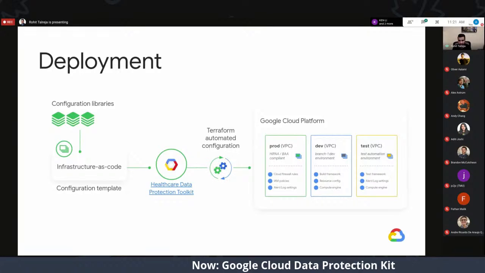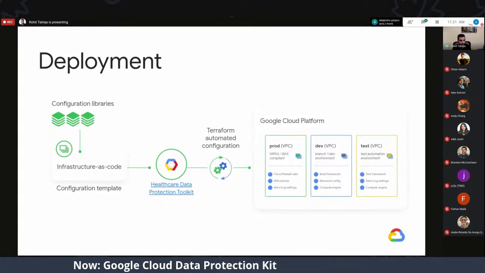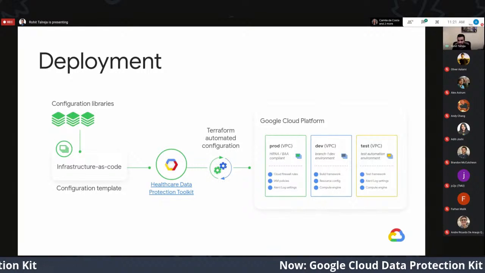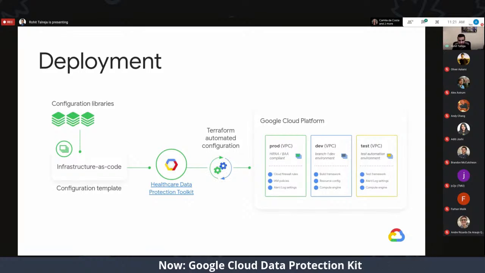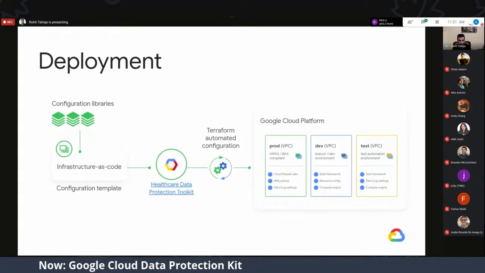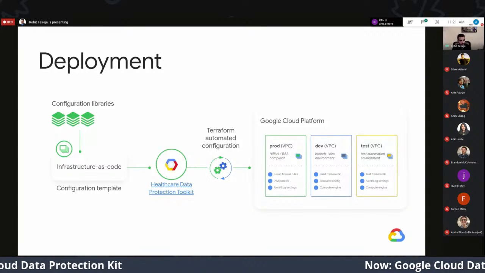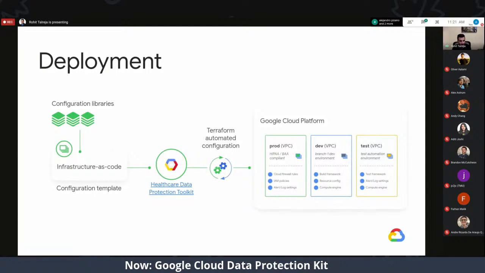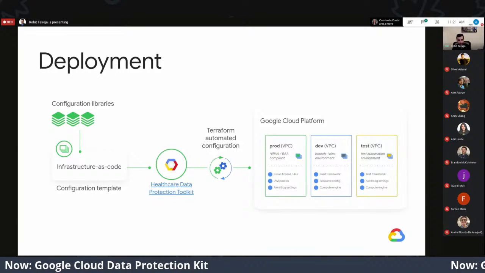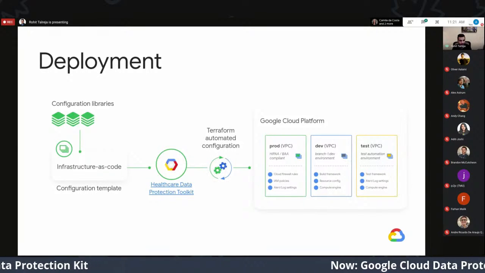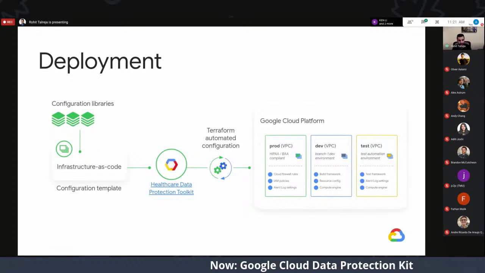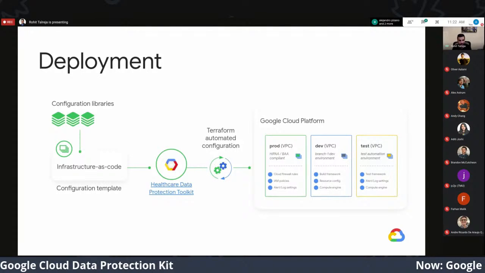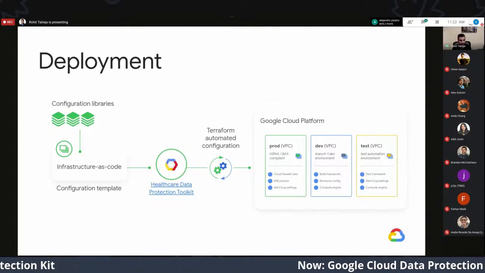So if you want a data lake infrastructure in BigQuery, or you want a HIPAA-aligned infrastructure for an application backend, some backend on cloud that's going to serve as a backend for a mobile application, we have these pre-built templates in our library that create the appropriate infrastructure, the appropriate IAM and ACL settings, the appropriate firewall rules, etc., just to get you going from a place of safety, if that makes sense.